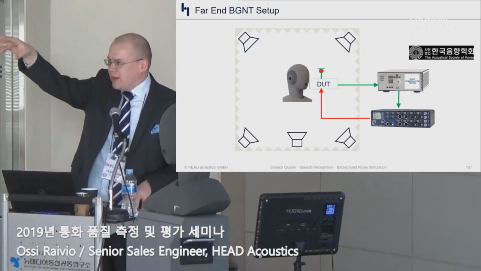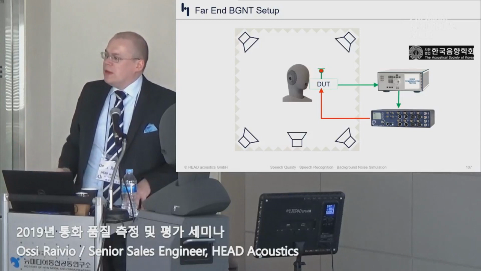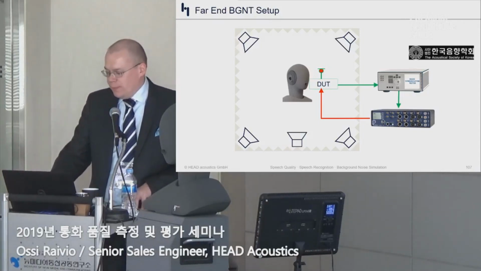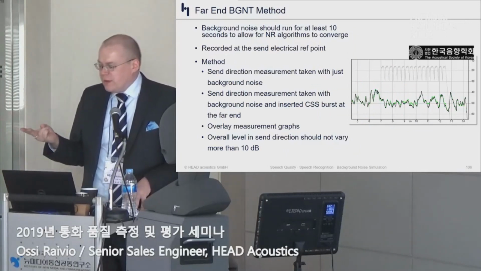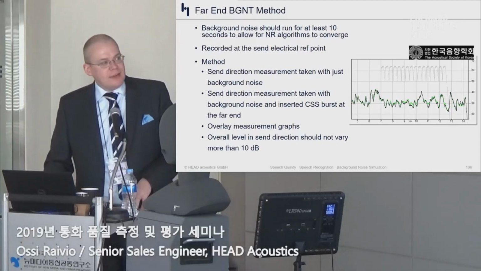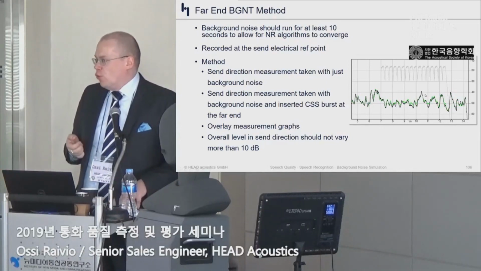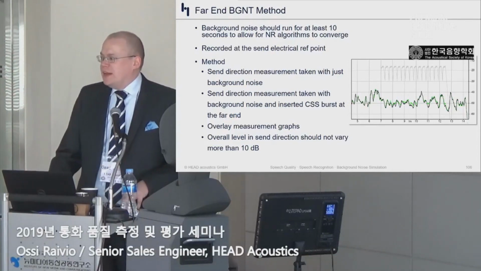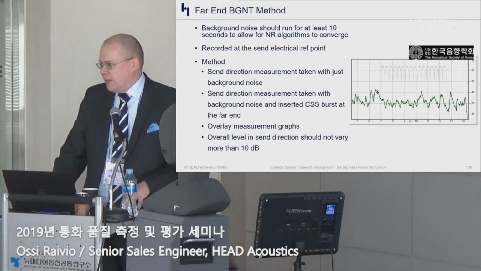So the device under test is, of course, the car hands-free device, but we are looking from the landline subscriber point of view. As I said, the idea is that you have two measurements. One measurement is the reference, for instance here the green line. We just record the background noise: background noise is on, and we are recording the sending direction, the uplink from the device under test.